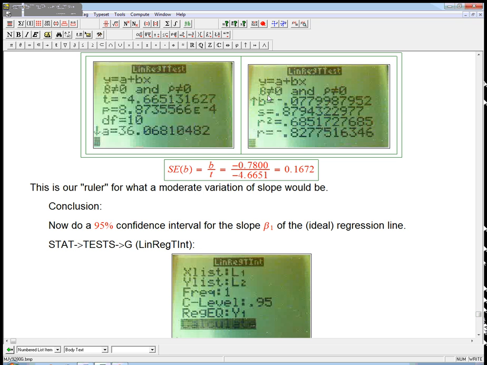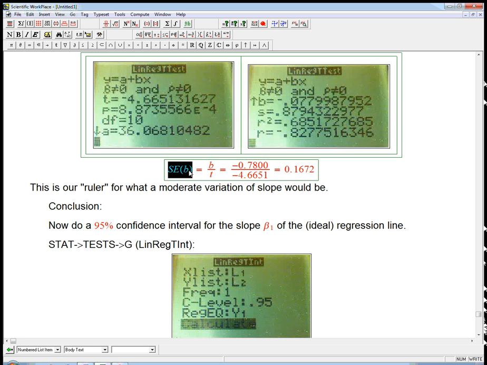Okay, and then it gives us the A and B, which we got before from the standard regression. It gives us the S, that's the standard error, and then the R squared again. The one thing it doesn't give us, this is the standard error of the residuals, is the standard error in the B quantity, and they talk about in the book how that's a really good thing to know.